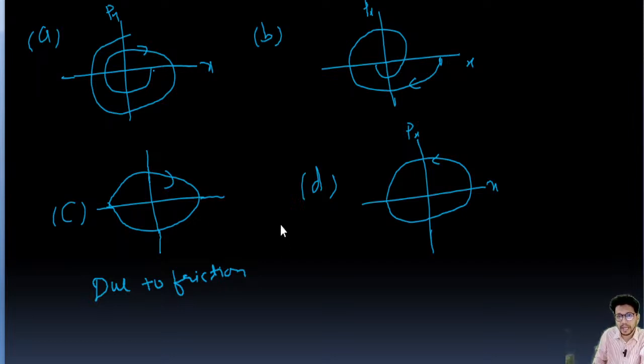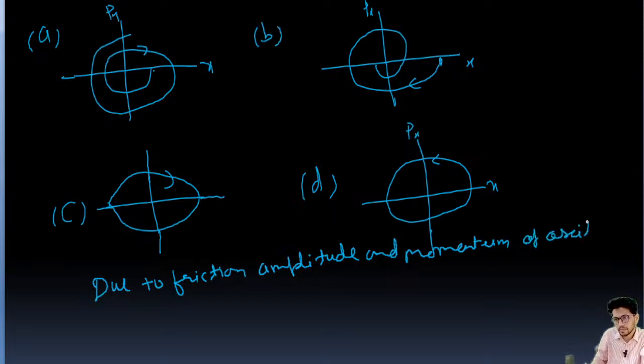Due to friction, the amplitude and momentum of oscillation continuously decrease.